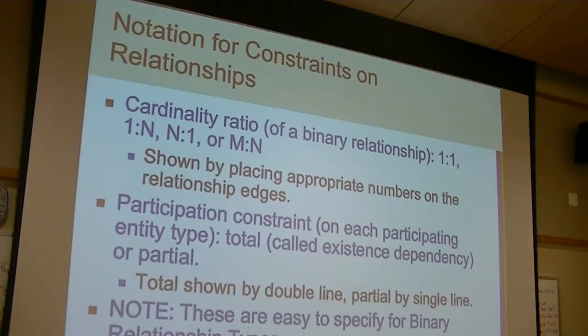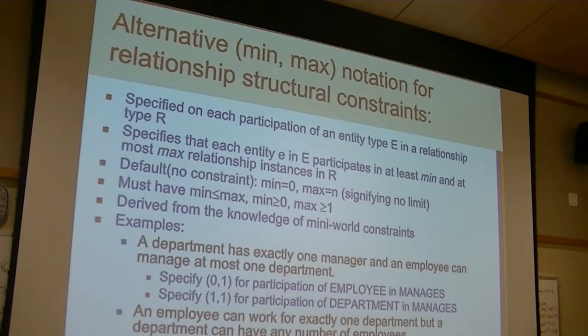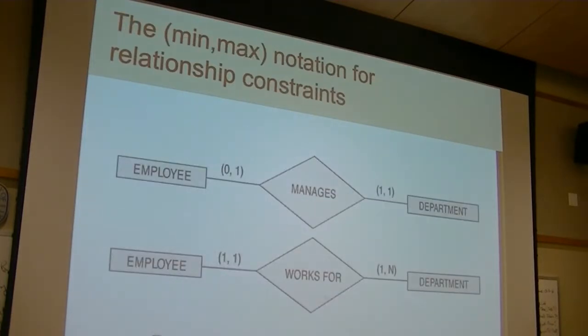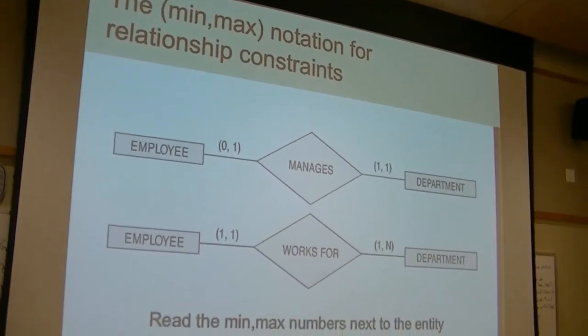So to address such detailed requirements of conceptual modeling, we are going to use a different notation. This is called the min-max notation. Min-max notation represents the minimum participation in the relationship and the maximum participation in the relationship. For example, employee and department is many-to-one, or one-to-many, right?